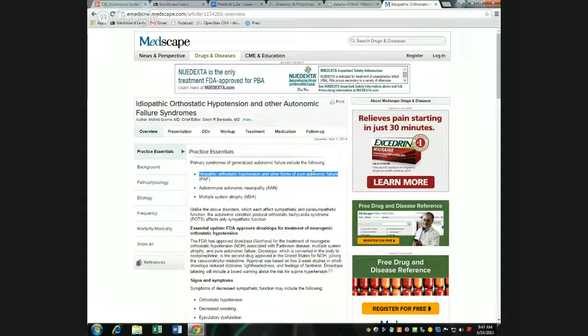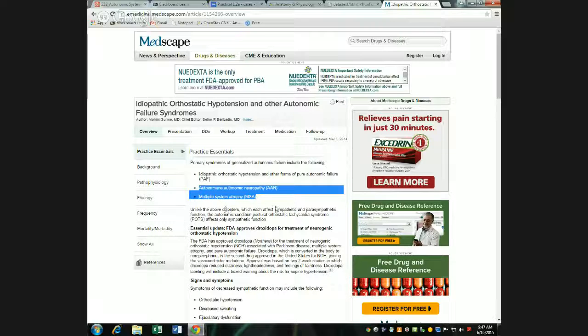It's the ones that are purely affecting the autonomic system. The other ones are listed here, multiple system atrophy and autoimmune autonomic neuropathy. They are also autonomic failure syndromes, but they have better understood causes, to some degree.